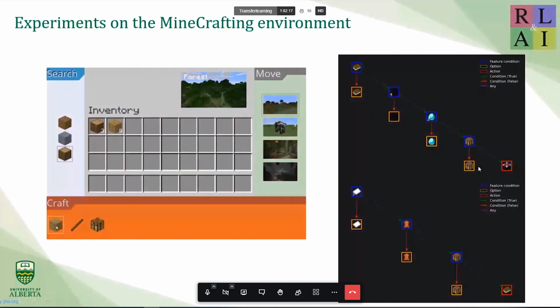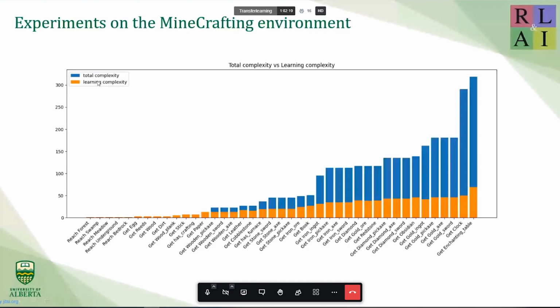And that's what we can see in this graph, which is the comparison between the total complexity if we were not reusing any knowledge that we had previously, and the learning complexity, which is the algorithm that we've just done before.